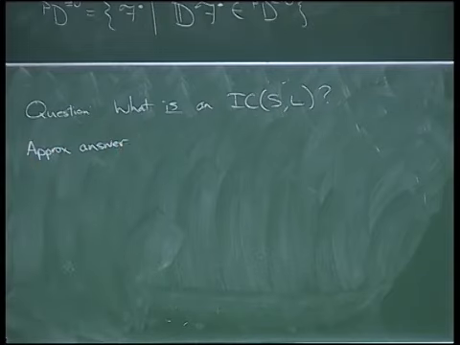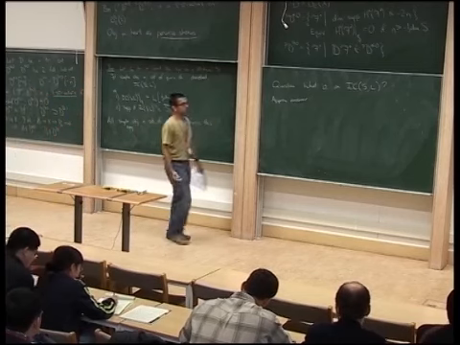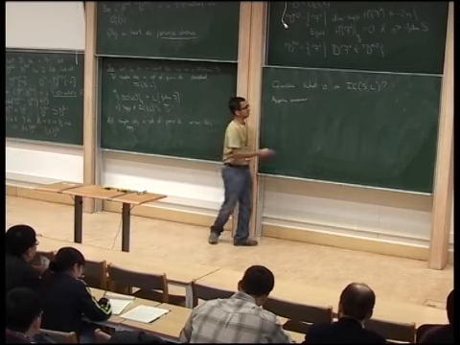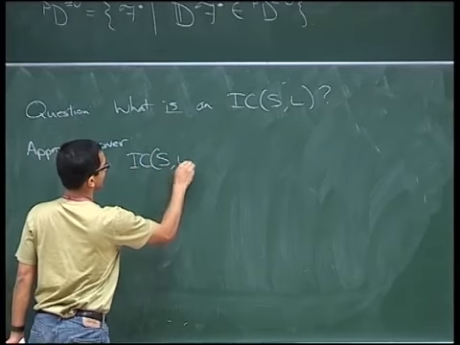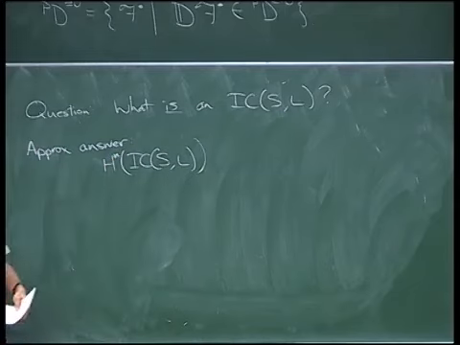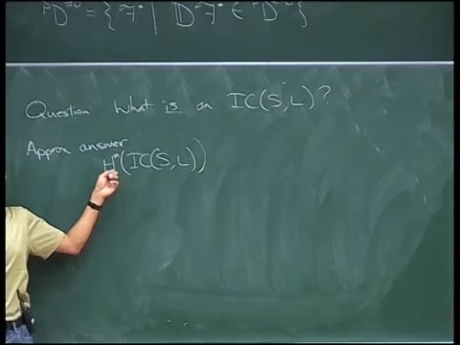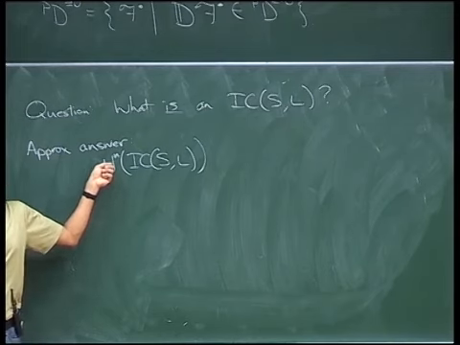So IC(S, L) is an object of D^b_c(X). So it's a complex of sheaves whose cohomology sheaves are all constructible. So that means that if you take IC(S, L) and you take a cohomology sheaf of it, and this is an example of sort of mixing two different T structures, this H^n is ordinary cohomology of a chain complex.